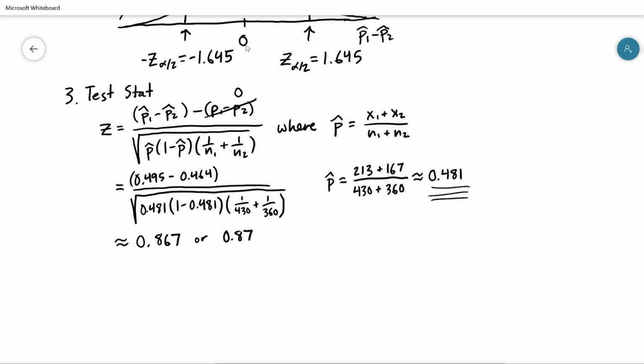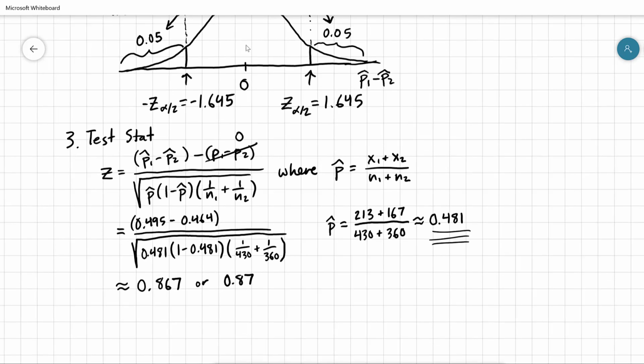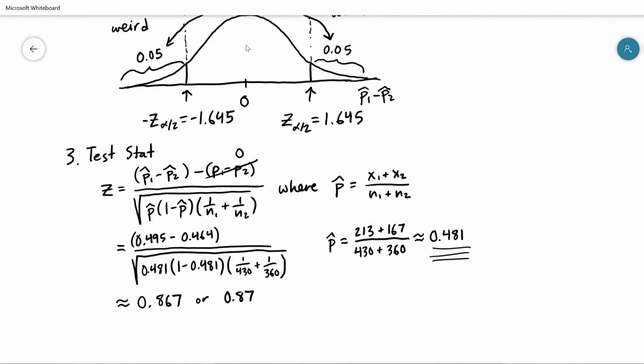I guess I can just use 0.87. Good enough. Okay, so there's my test statistic, 0.87. So that z-score clearly is going to wind up being 0.87. That's going to be, I don't know, here-ish. Here's that test statistic, z equals 0.87.